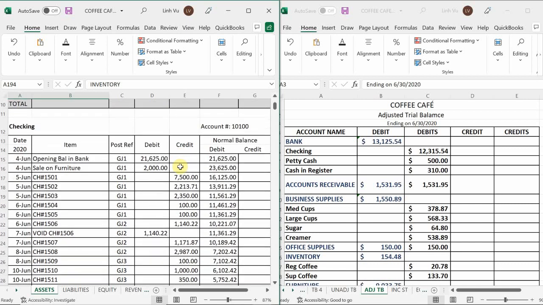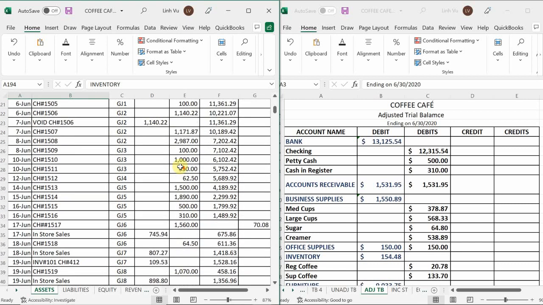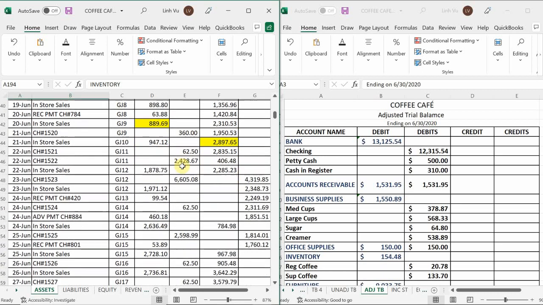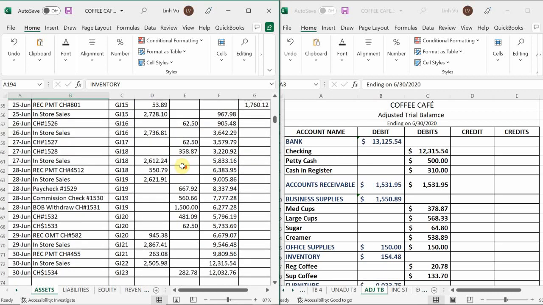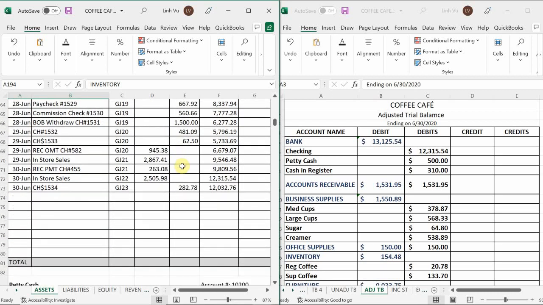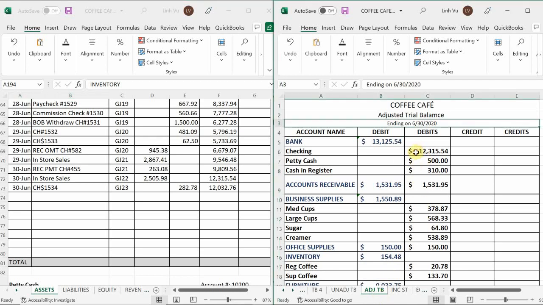So in this case, the bank account here, did I make changes to my checking account? Yes, I did. I had to write a check out for the petty cash, so here it is. I did make a change to my checking account. It is now 12,032.76.